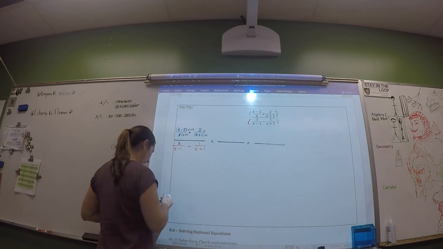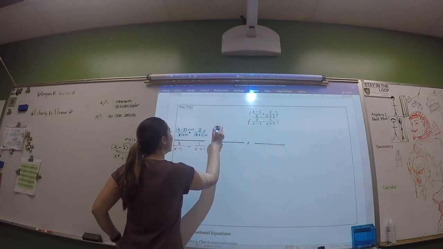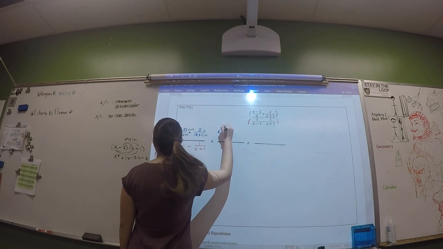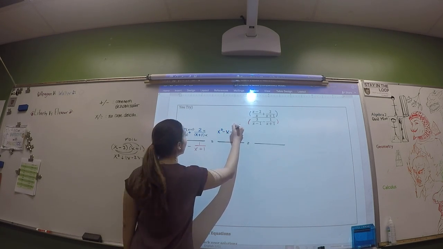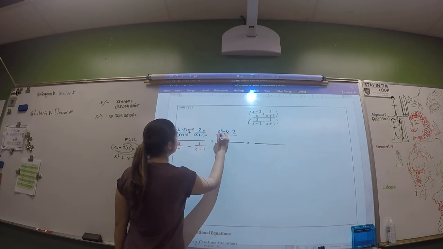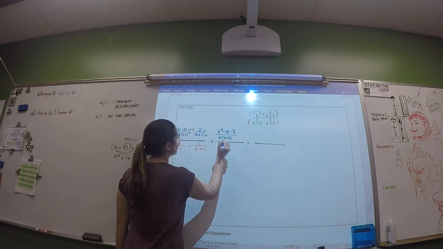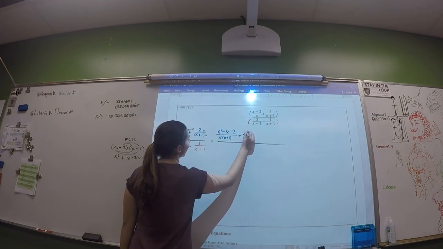So when you FOIL, you get x squared minus x minus 2. And we're going to add that to 2x.